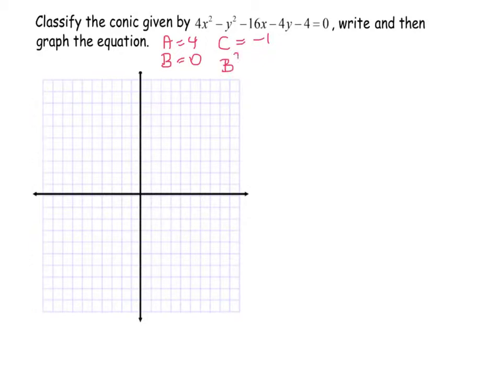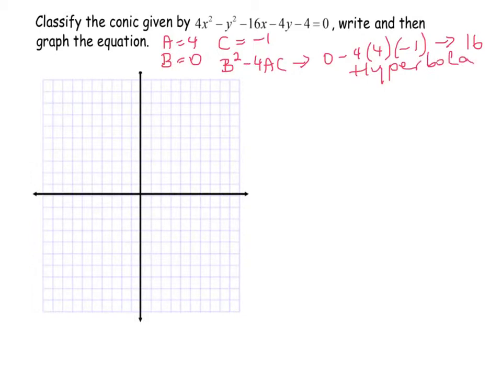So when I do my discriminant of b squared minus 4ac, I get 0 minus 4 times -1, which gives me positive 16. So I know that this is a hyperbola.